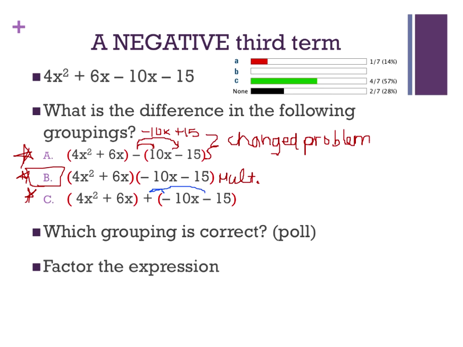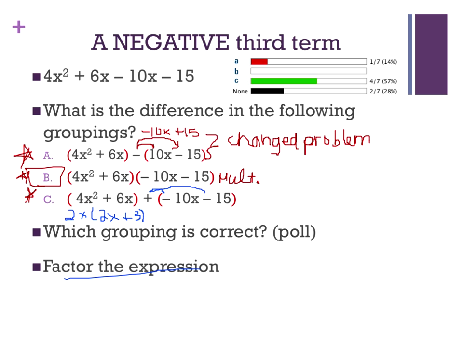So now what I want to do is continue with grouping and figure out what the factored expression is. I would factor out a 2x from my first expression, leaving 2x plus 3. Now, in my second expression, I want to make sure I get the exact same thing, 2x plus 3.